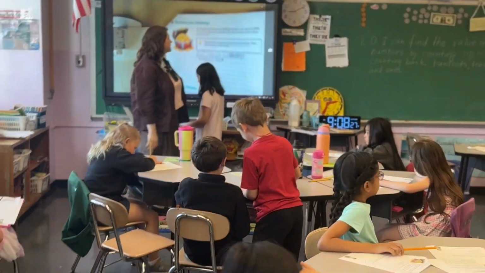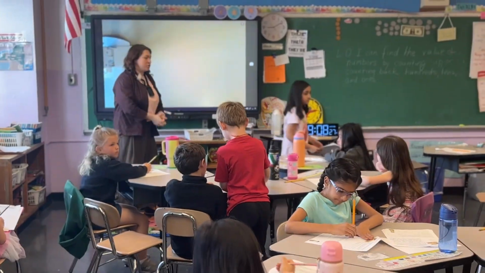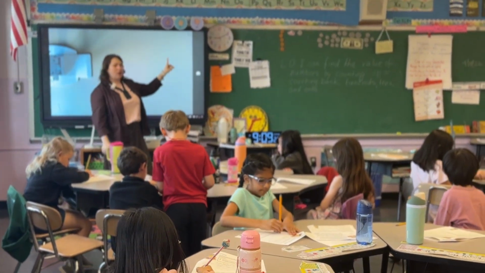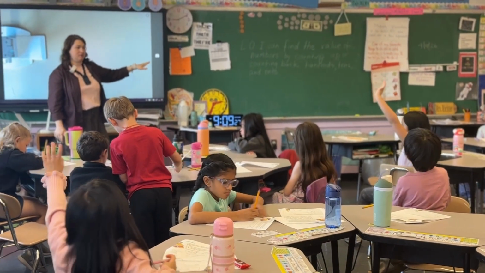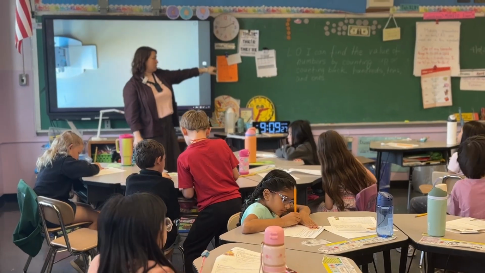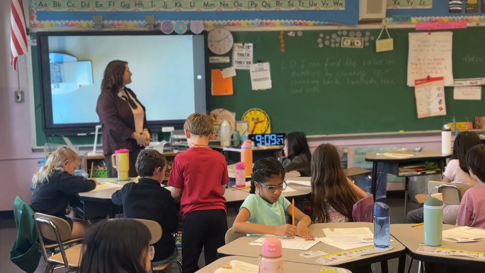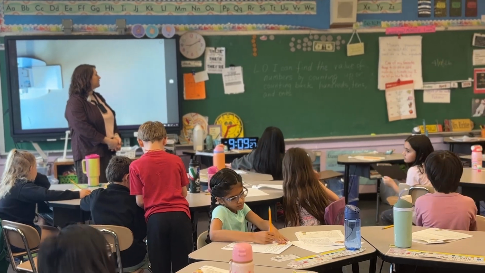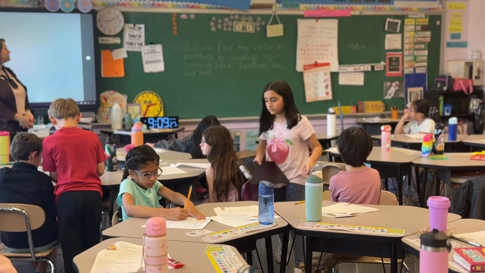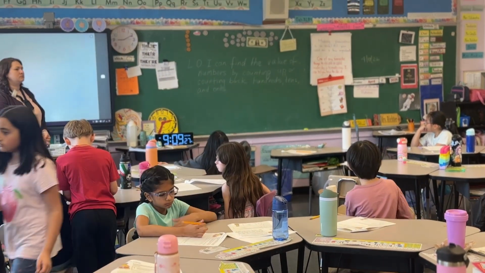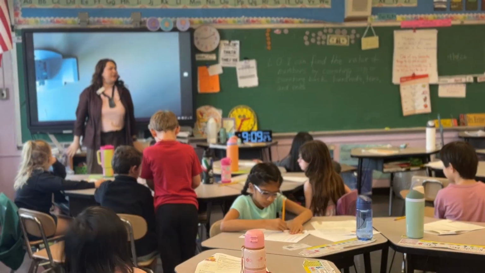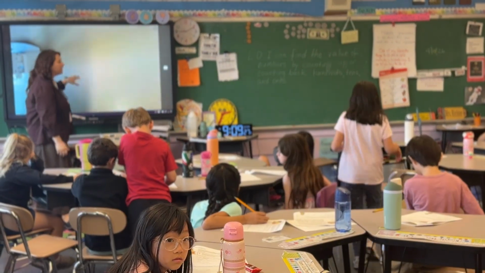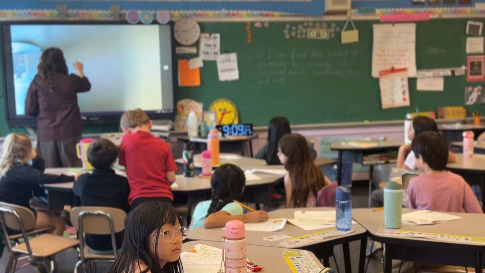Okay, so as we learned today, can someone read aloud to me again? Isabella, do you want to go? So I can find the value of numbers by counting up or counting back hundreds, tens, and ones. Is it something that we did today? So do we know now how to break the bigger number?